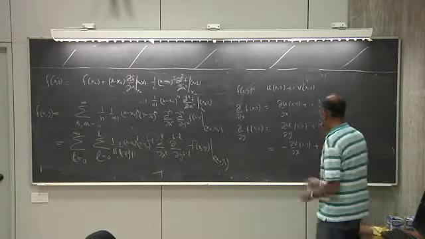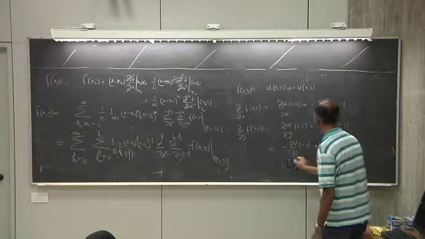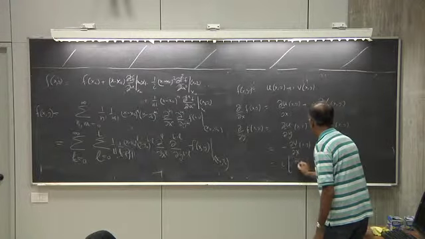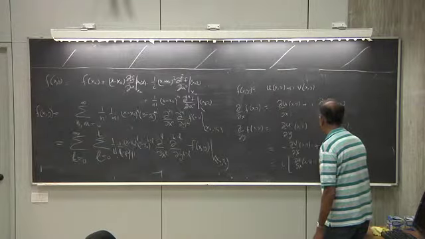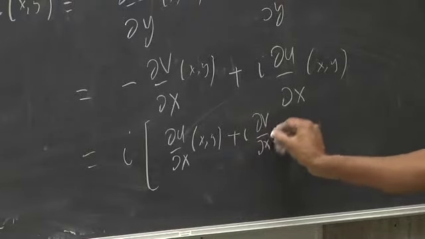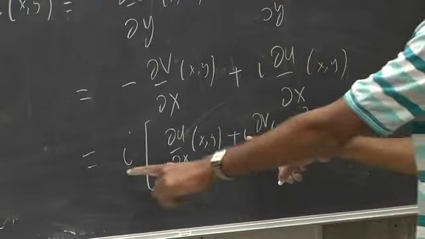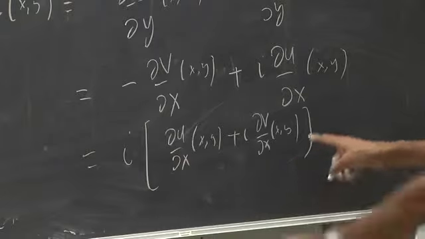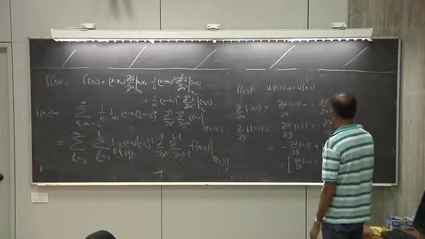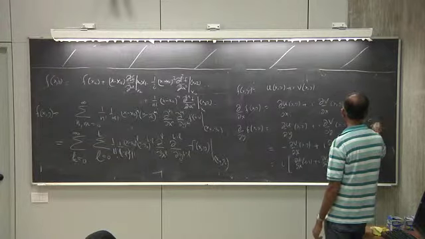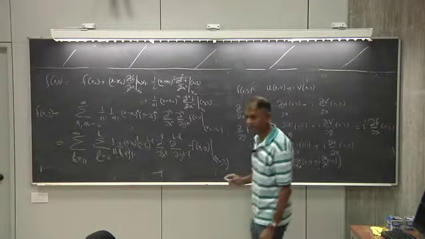If I take out the common factor i, this is the same as i times du by dx at xy plus i dv by dx at xy, right? Because i squared is minus 1. That's it. But that's the same as f. So what we are seeing is that this is the same as i times df by dx at xy. This is where the Cauchy-Riemann condition is appearing.